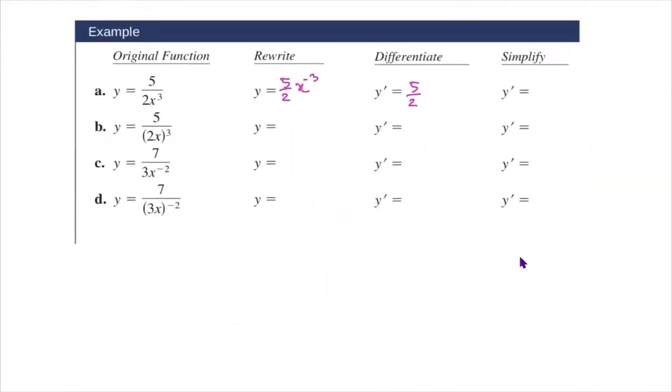Then I can use the power rule for this part: bring down the power times negative 3, and then x to the power negative 3 minus 1. Simplification would be negative 15 over 2 x to the power negative 4. See, those are the steps you want to take in order to get your answer.